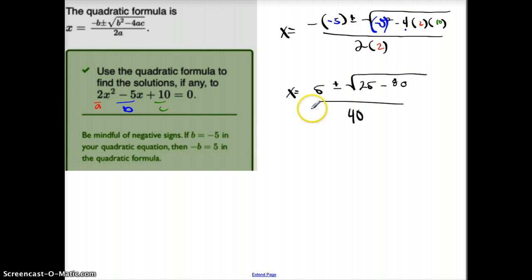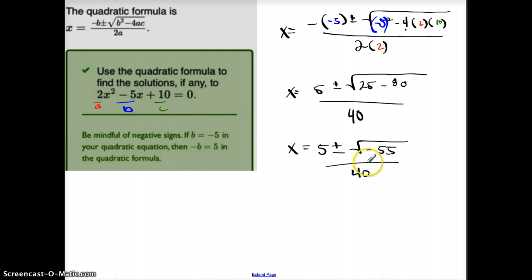Now what you'll notice is that we have a negative inside here, and that's not always a pretty thing because when this is a negative value in here, I won't have any real solutions. So 5 plus or minus the square root, negative 80 and positive 25 is going to be negative 55, all over 40.